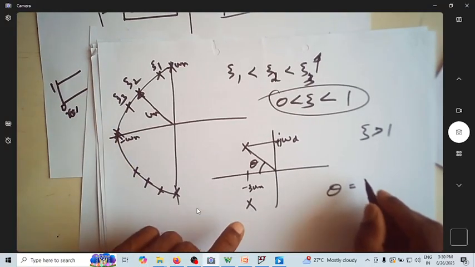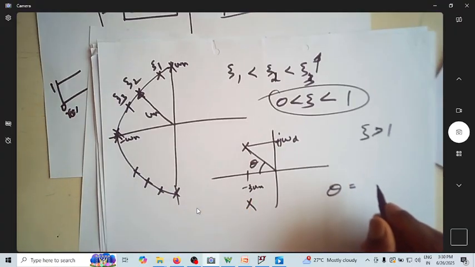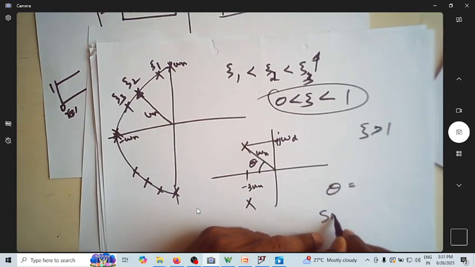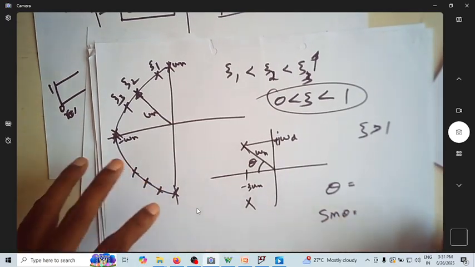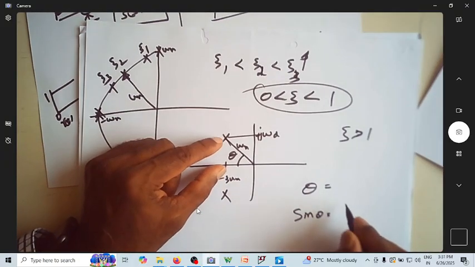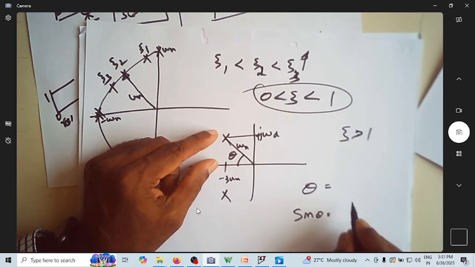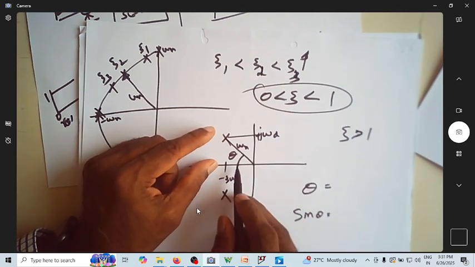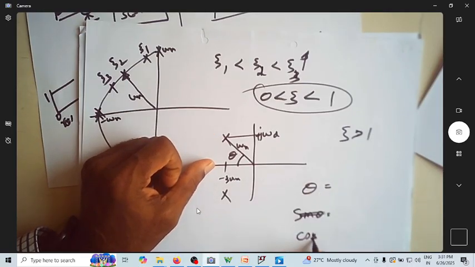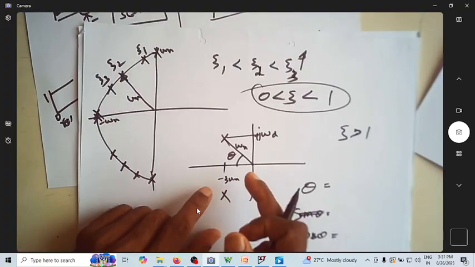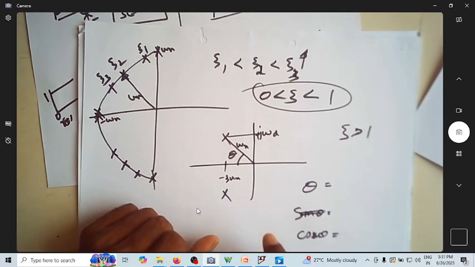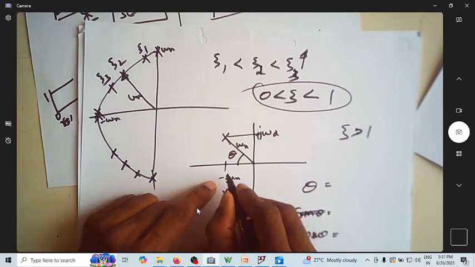Can I say this is omega n, we know. So what is sine theta? Sine theta is opposite by hypotenuse. So what is opposite? Let me write it as, what is cos theta? Cos theta is nothing but adjacent by hypotenuse. So what is adjacent? Of course, just the magnitude.